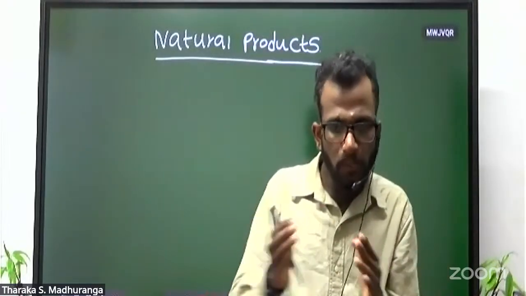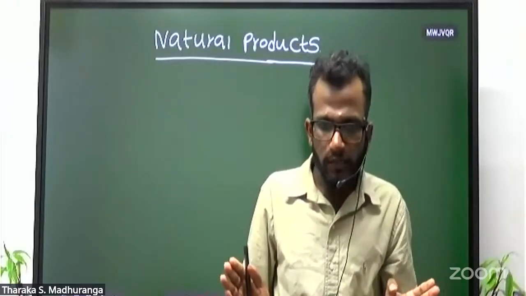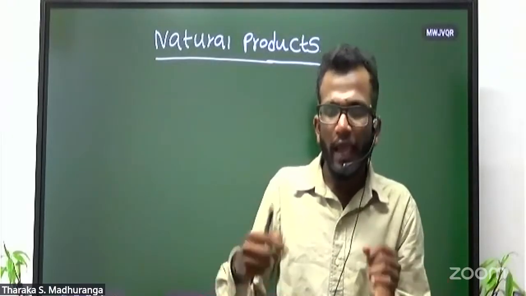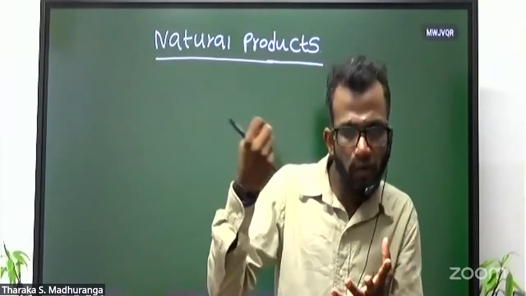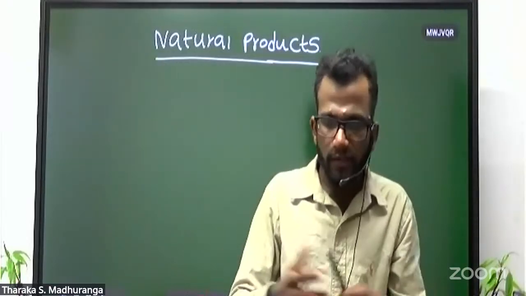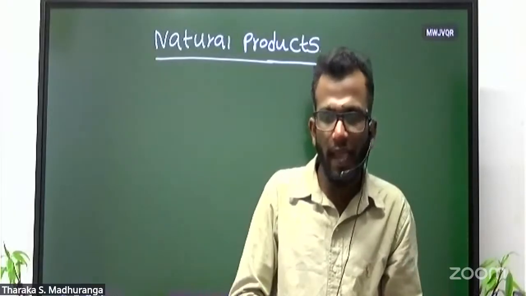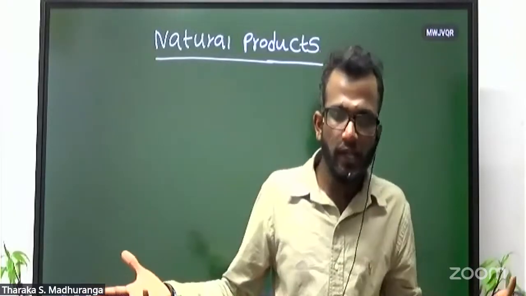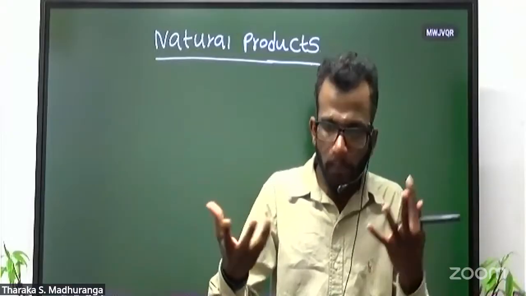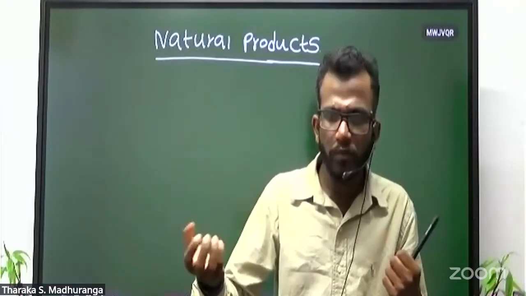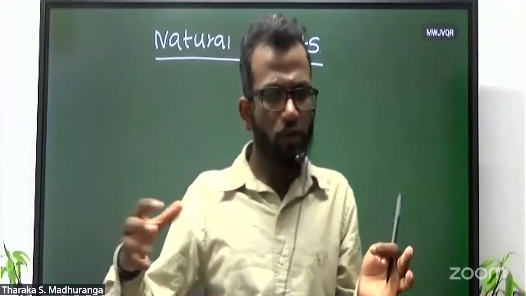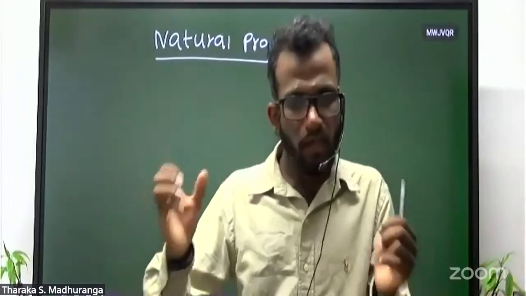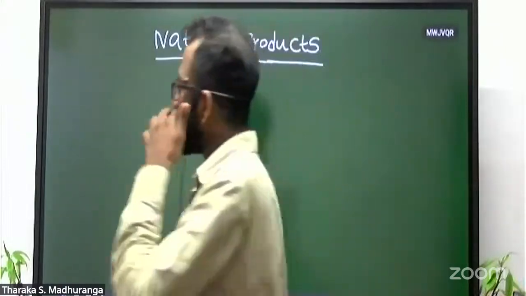Mostly we discussed medicine production, and how natural compounds are used for cosmetics and related industries, and different industries like perfume production. We are not going to discuss those industries. Our target is the natural products.